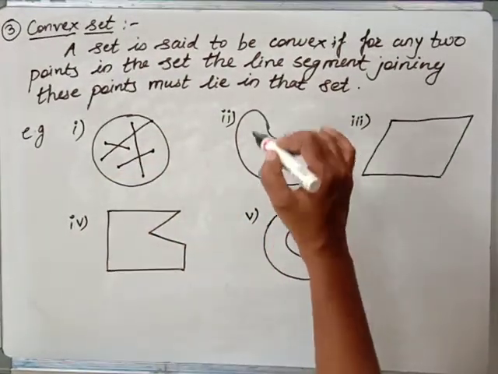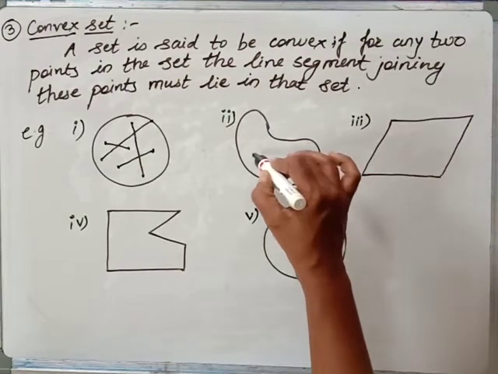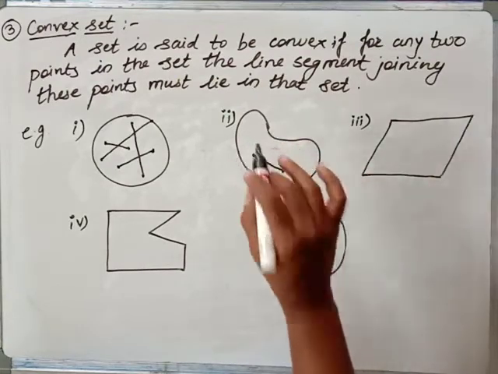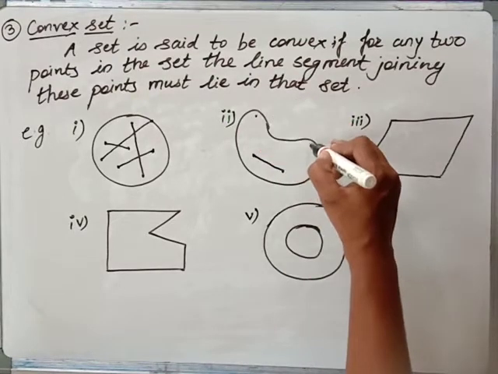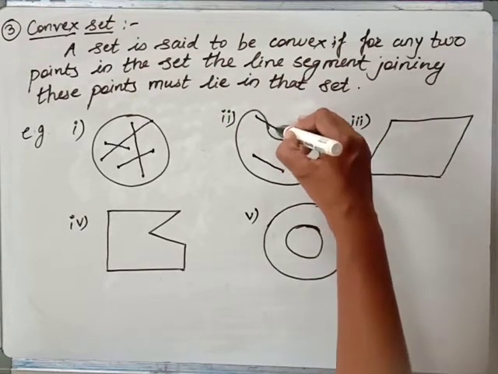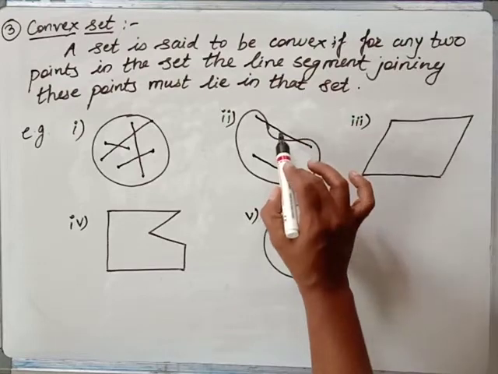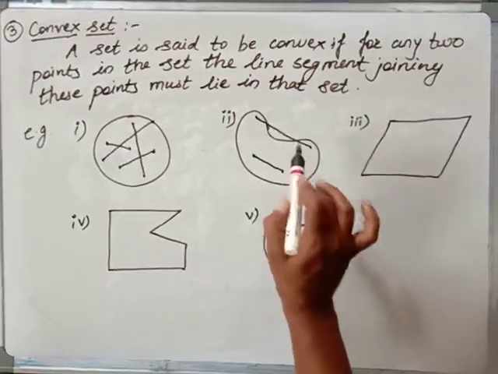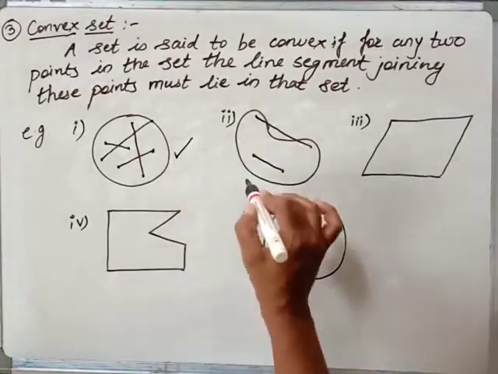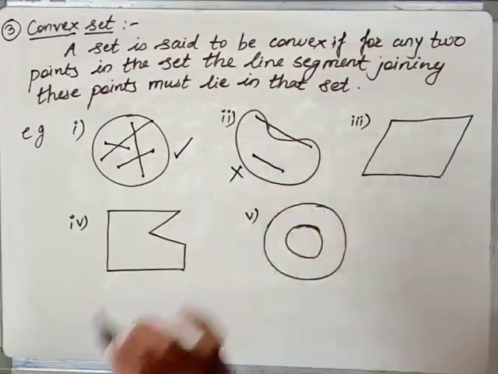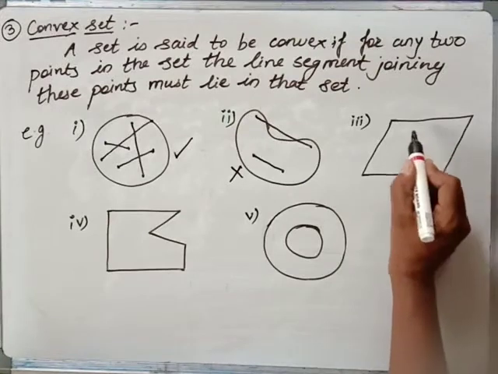Now here, if I take these points, this one also lies in the same set. But if I take a point here and here, and join them, it will come outside. The whole line segment doesn't lie in the same set. So this is a convex set, but this is not a convex set. Now look here.